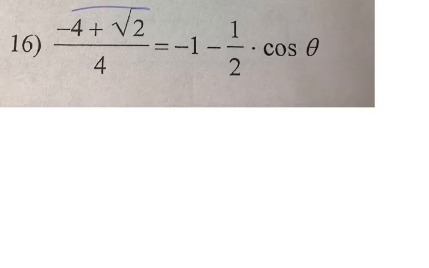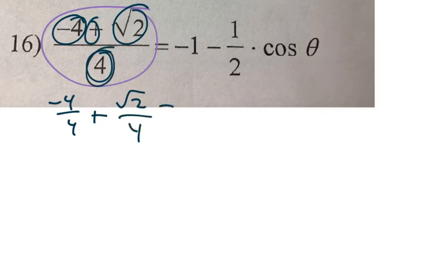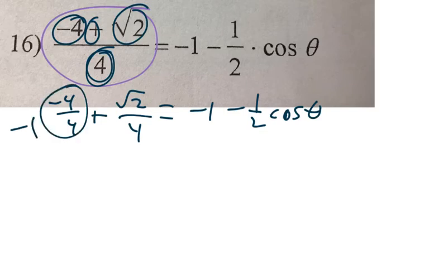Again, let's clean this up right here. Let's break it down. Negative 4 divided by 4 plus square root 2 divided by 4. I distributed the divide by 4. We got negative 1 minus 1/2 cosine theta, right? Now what? Well, this is really negative 1.